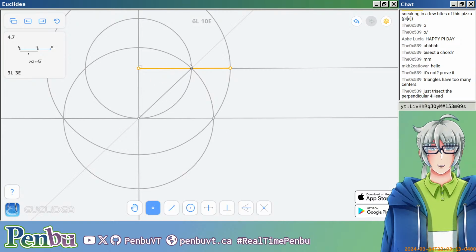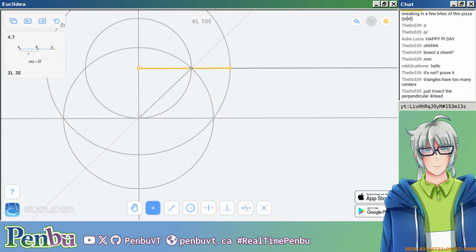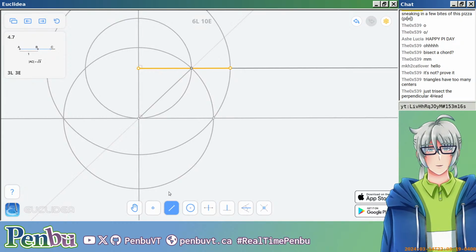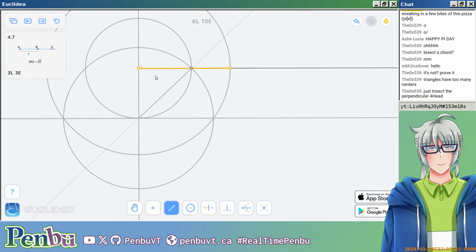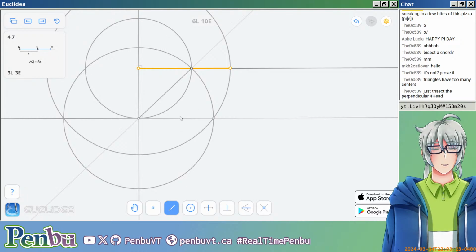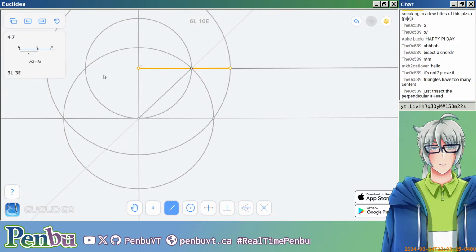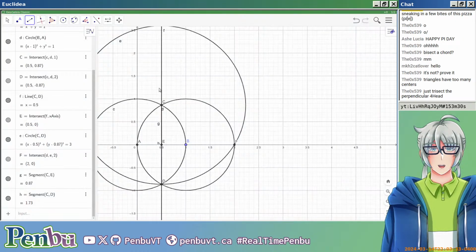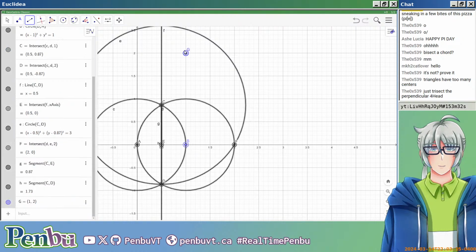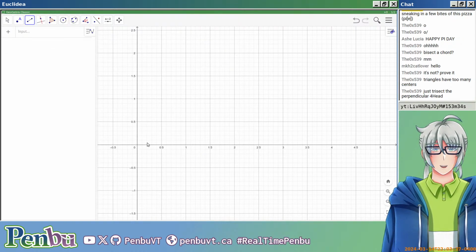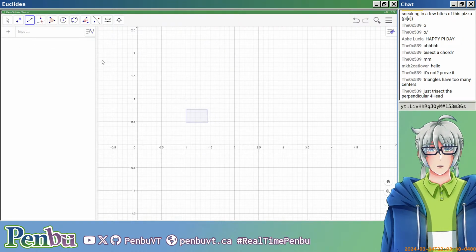Okay, so to illustrate this again, what do we do here? Well, let's draw more lines so that we can show how this works. We created a circle of size 1. Actually, let's do this in GeoGebra so that we can see a little bit more clearly. Delete all of that.